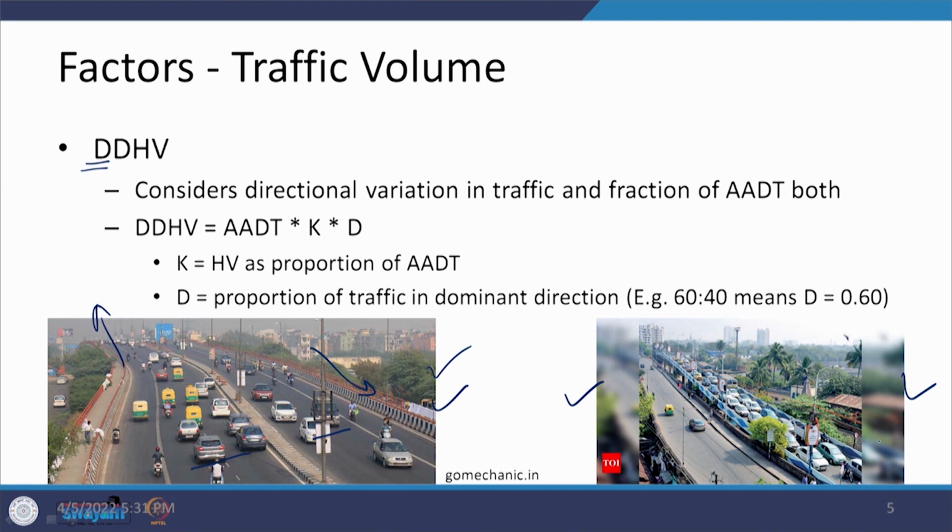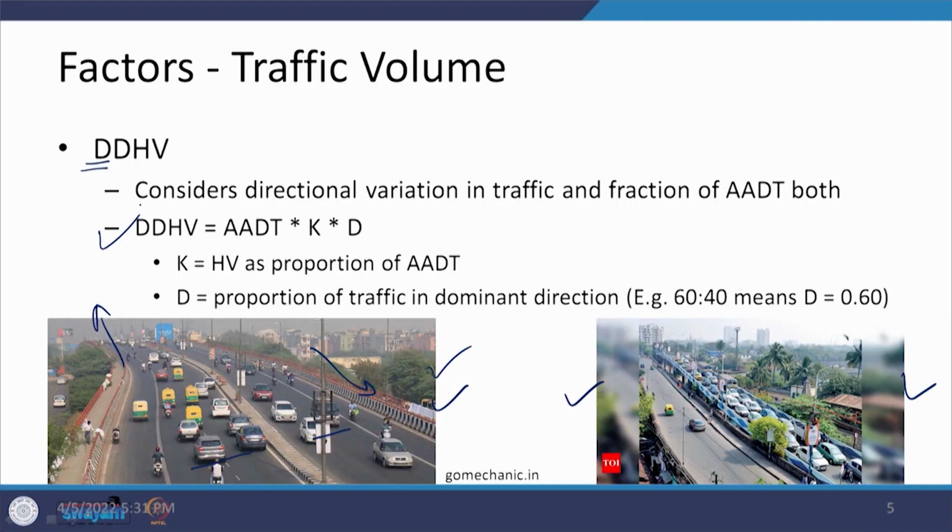So, we are trying to look at what type of facility needs to be provided, and for that reason we go for this DDHV, which is calculated as AADT multiplied by two factors K and D, where K is the hourly volume as a proportion of AADT and D is the proportion of traffic in the dominant direction.